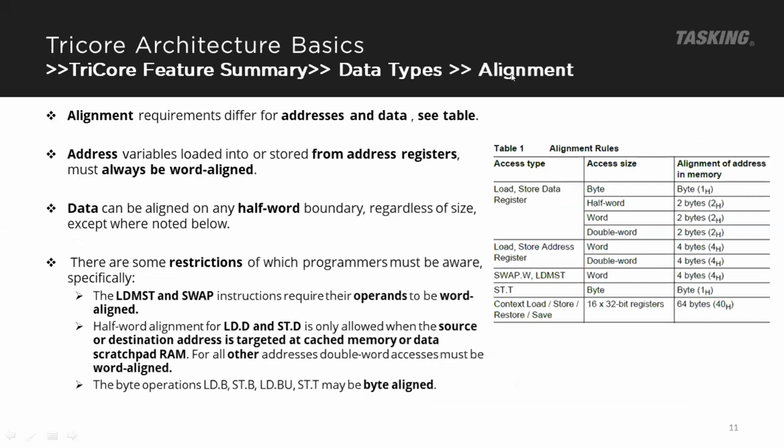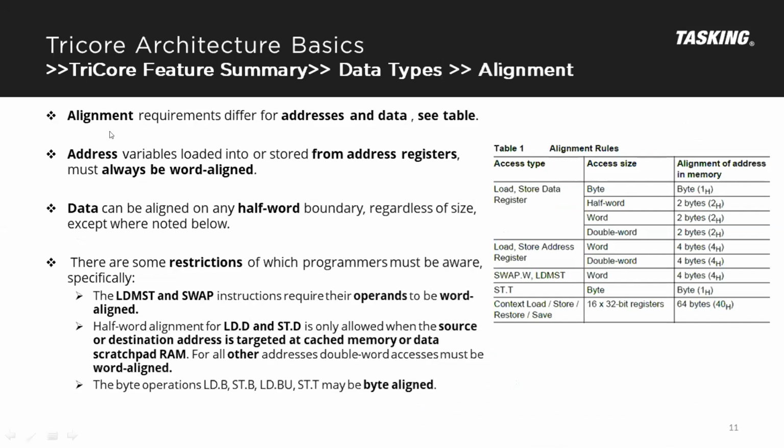Regarding data alignment, alignment means on which address boundaries the data and the addresses should be aligned. It's different if you align an address or data. So this is the guidance that comes from Infineon in this regard.